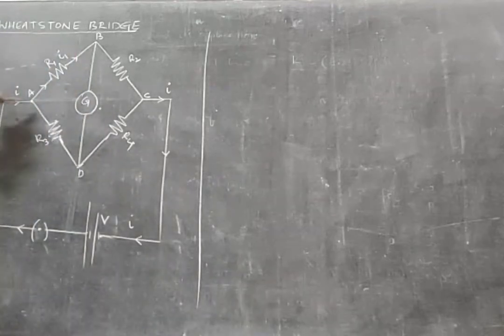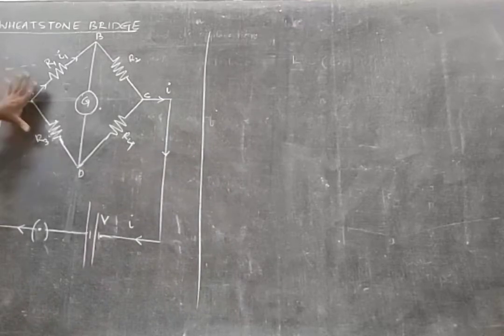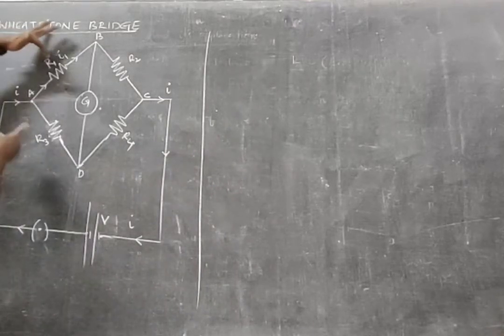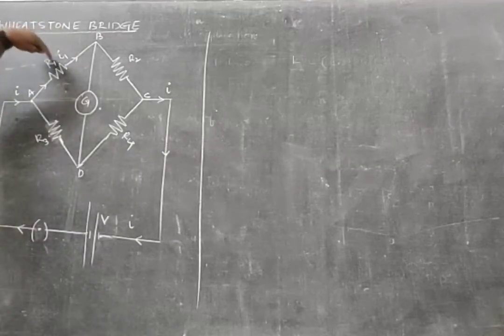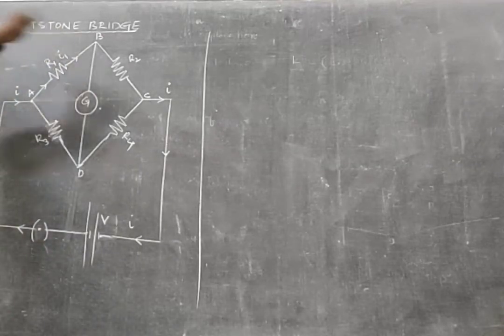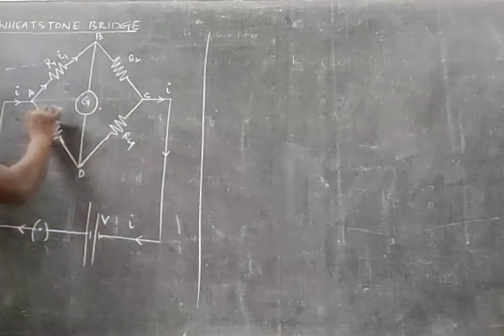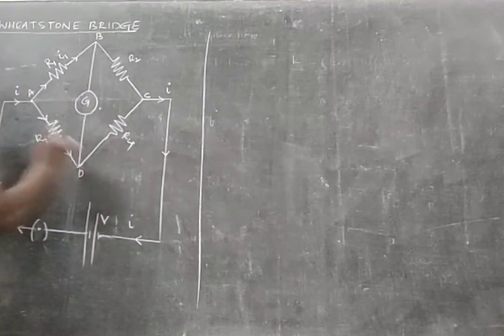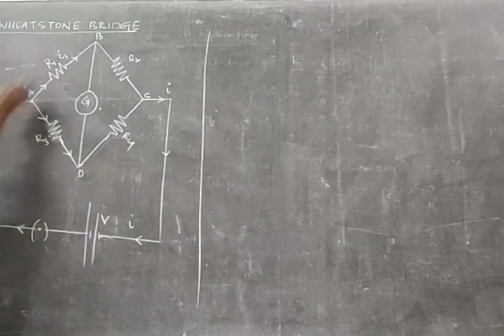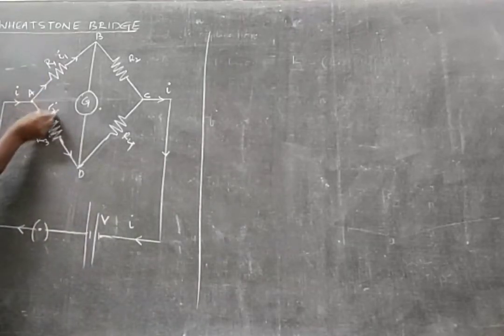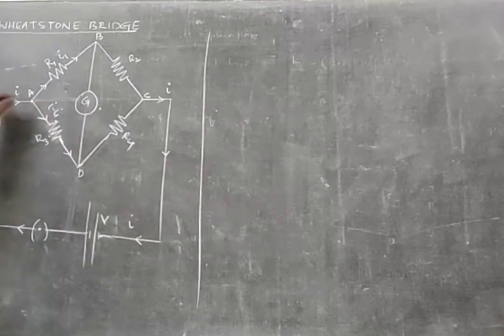So the current is passing and it reaches A. At this junction, there are two resistors, R1 and R2. Let the current entering resistance R1 be I1. Now the current entering R3 will be how much? I minus I1.